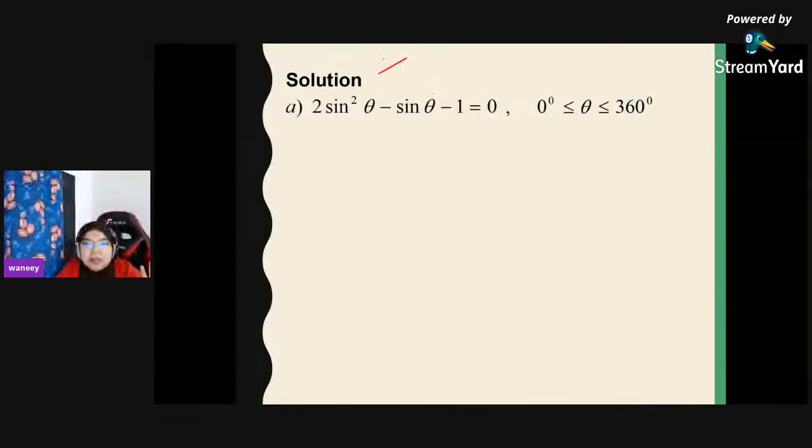So either you do the cross method or you can do negative b plus minus square root of b square minus 4ac over 2a. So actually either one. Okay, so if let's say it will be quite hard for you to see them, then you might want to substitute sine theta equal to x first before you use your calculator. Up to you. Okay, so I can easily factorize them.